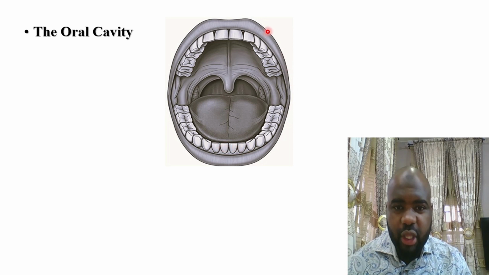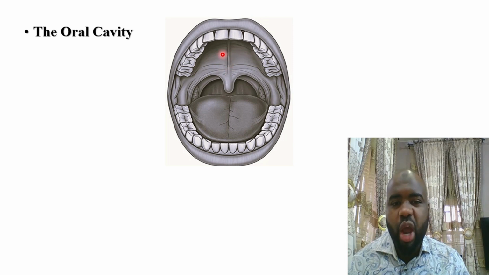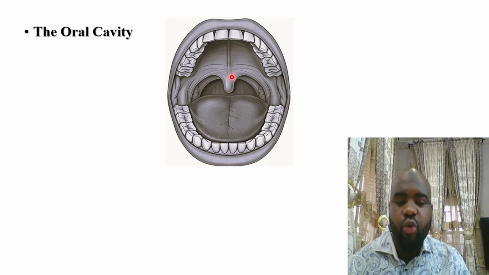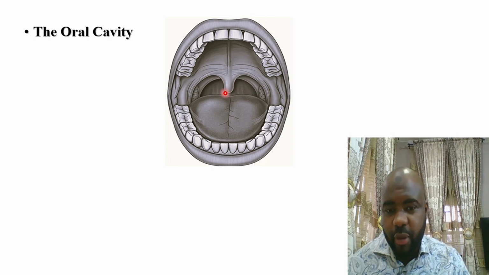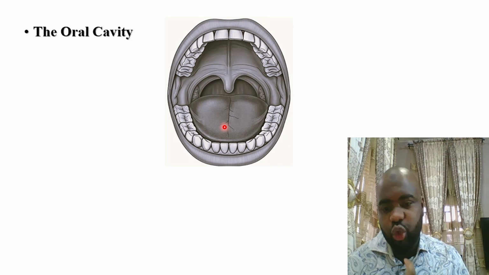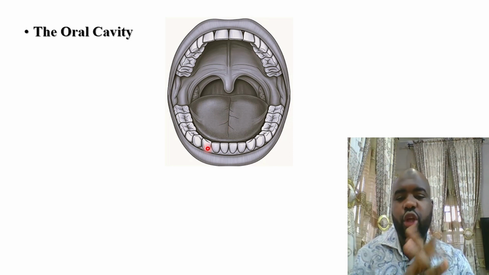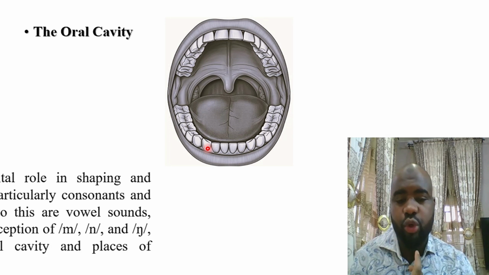Right from the lips, upper lip, lower lip, upper teeth, lower teeth, then we have the alveolar ridge, then the palato-alveolar ridge, and then we have the uvula, which contains the velar sound, and also the tongue. All these play a crucial role in the production of a sound.